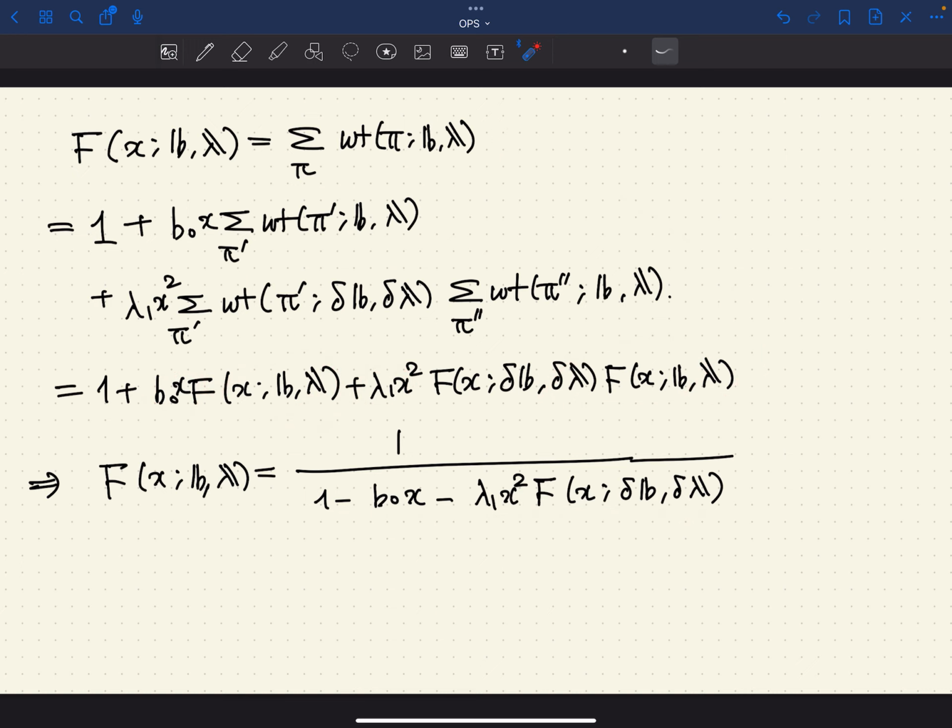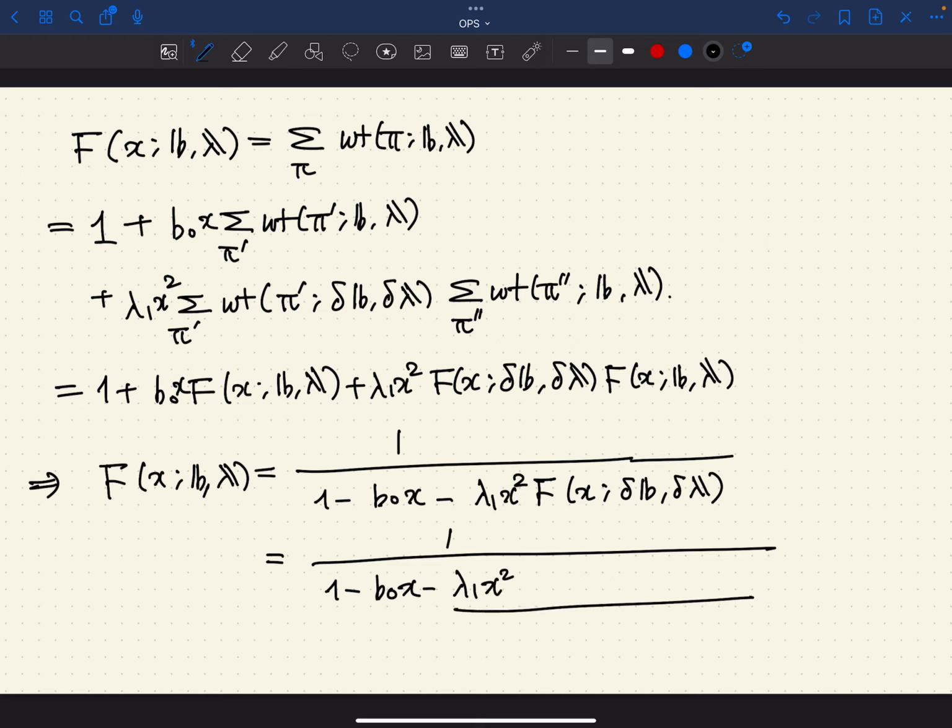Now this and this are exactly the same except we just shift. So we can apply the same formula again. Then it's going to be 1 over 1 minus b0 x minus lambda 1 x squared, but b is shifted, so b1 x, and lambda is shifted, so lambda 2 x squared, and f x with delta shifted twice, like this.